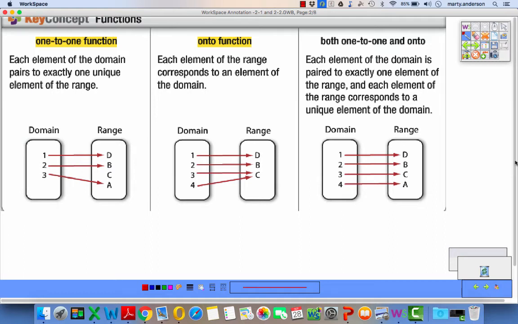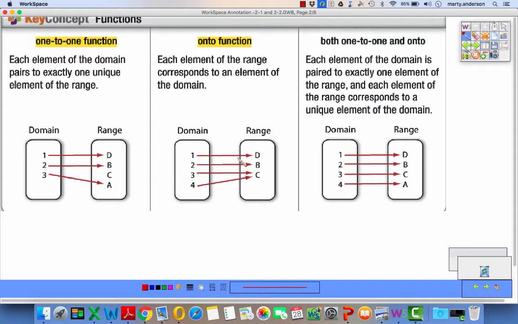2 different kinds of functions. 1-to-1, each element of the domain pairs to exactly one element of the range. Linear functions are all 1-to-1, where again, this is a function because there's one value coming out, one value coming out, one value coming out. Onto function, each element of the range corresponds to an element of the domain.